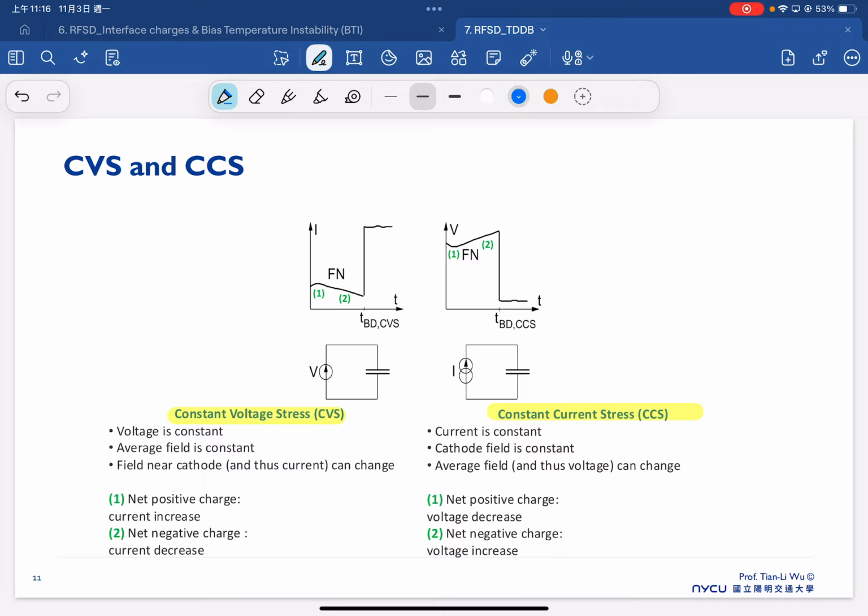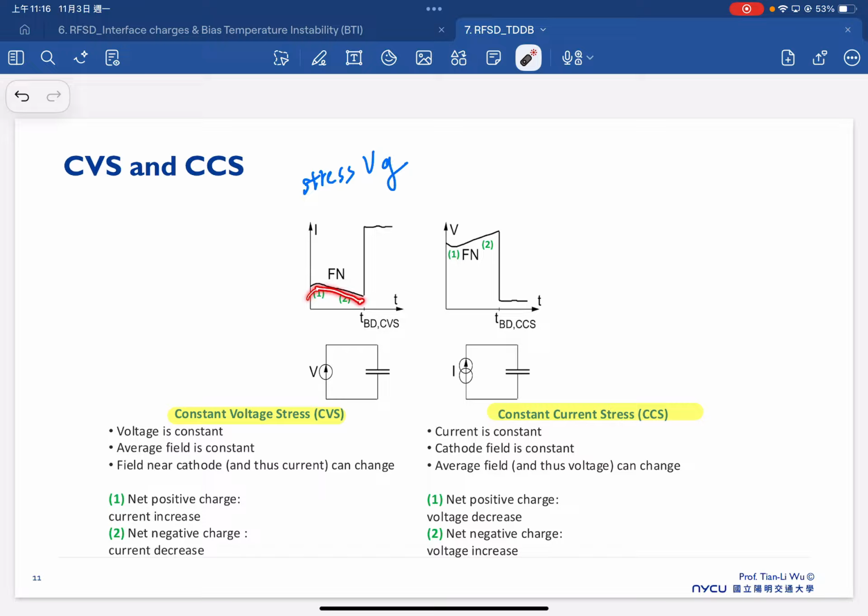The constant voltage stress means that we stress the device with a gate bias here. Normally we see a slight increase, then a decrease due to the negative charge accumulation, and suddenly a hard breakdown. That's the typical case.